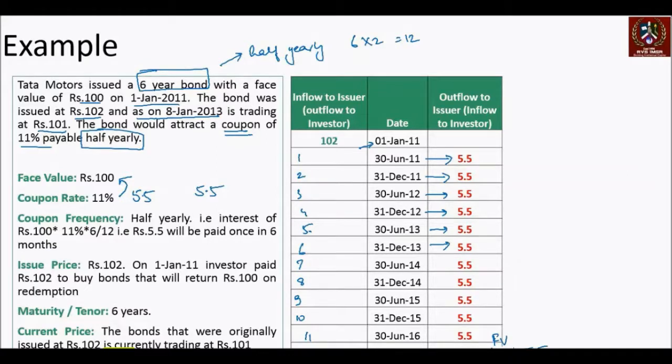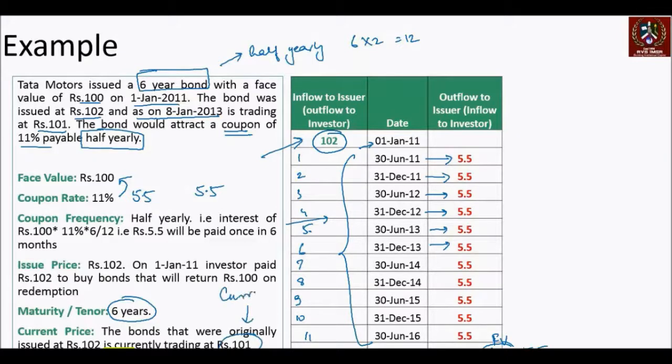At 100 eventually. For the issue price, the company might have wanted to issue it at 100, but they probably raised 102 because there was some investor who was willing to pay 102 for this bond. The maturity or tenor is going to be 6 years, and the current price: the bond was issued at 102, will get redeemed at 100, but in this period in between it can trade at any price. And it seems that as on 8th Jan 2013, the bond is trading at the price of 101.